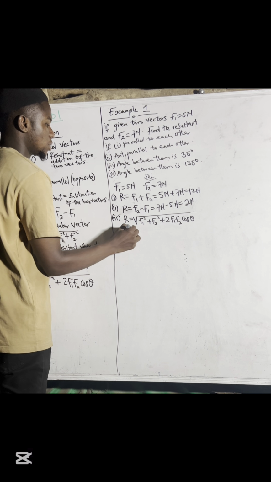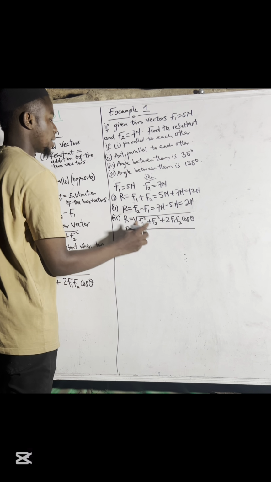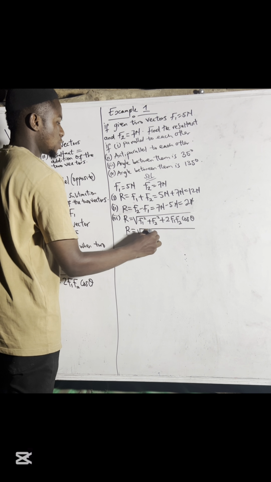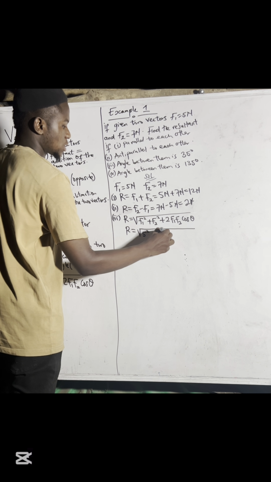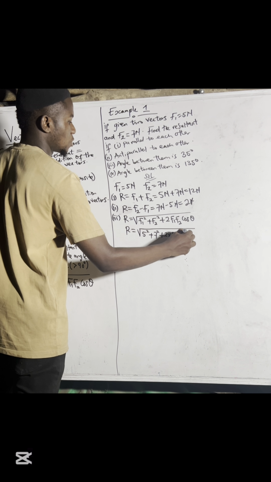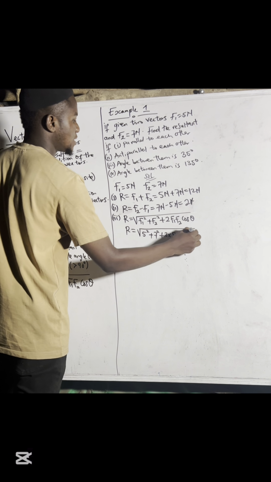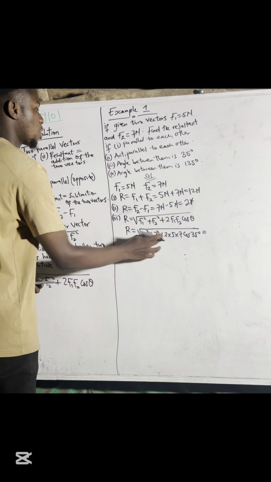So your R is going to equal the square root of your F1, that is 5 squared, plus your F2, that is 7 squared, plus 2 times 5 times 7, because the angle is 35 degrees. So you're going to press this on your calculator.